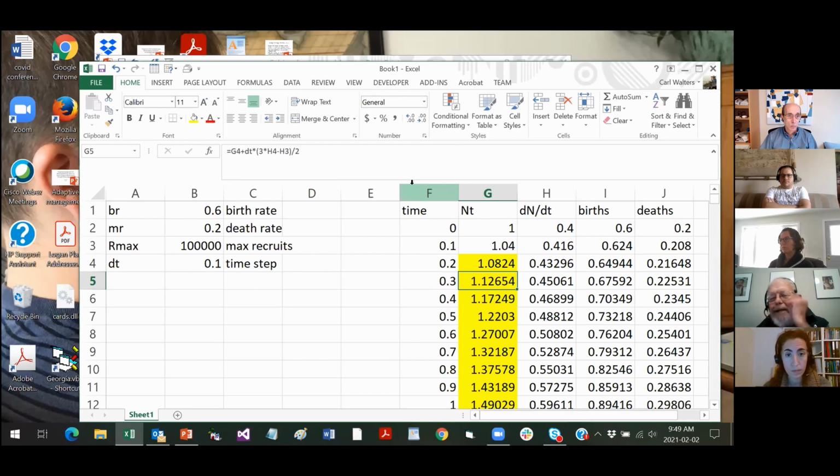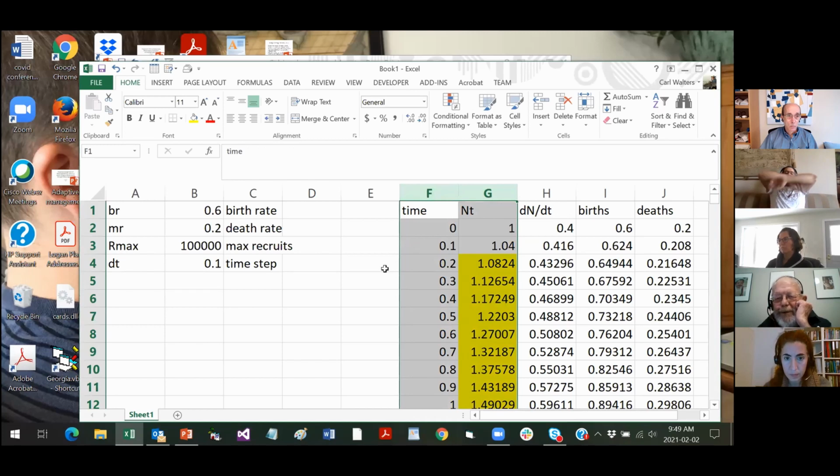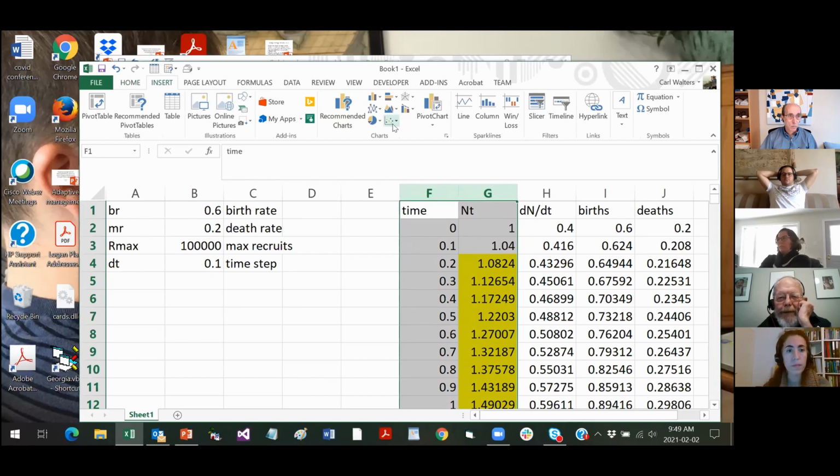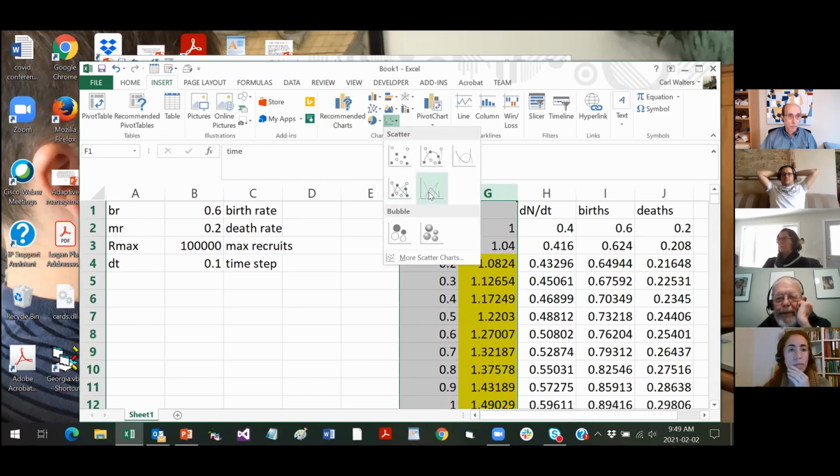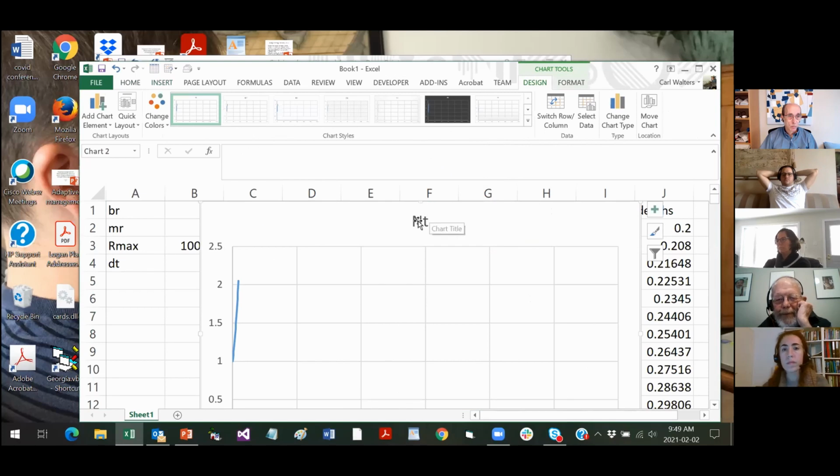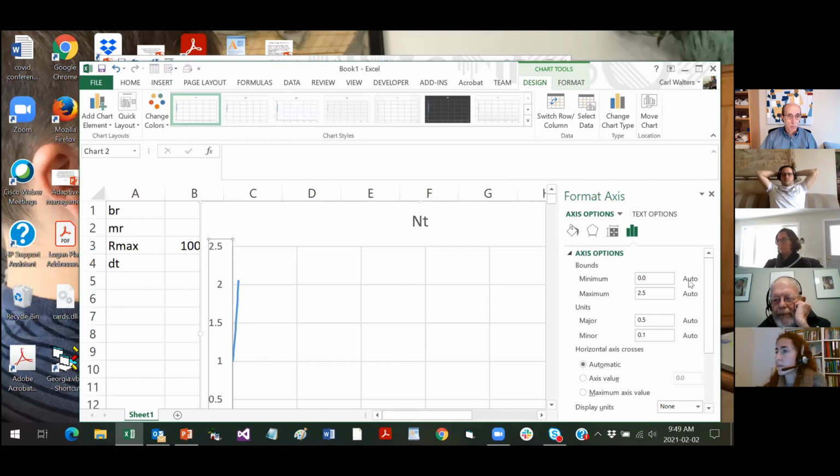Now, just like I showed you before, if we want to plot all of those 1,000 steps, 1/10 year, we just select these two columns and insert an XY plot type. And I'll do this as a smooth one. Why is that plot not... Oh, okay.